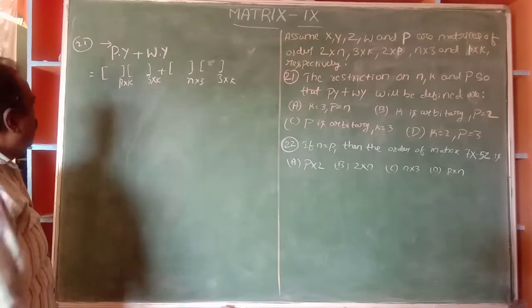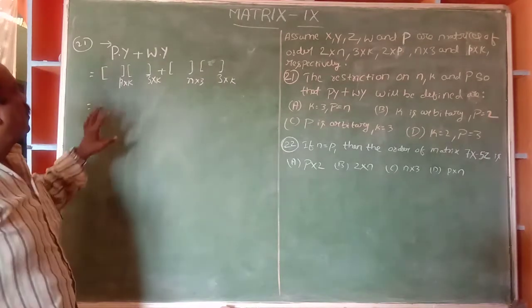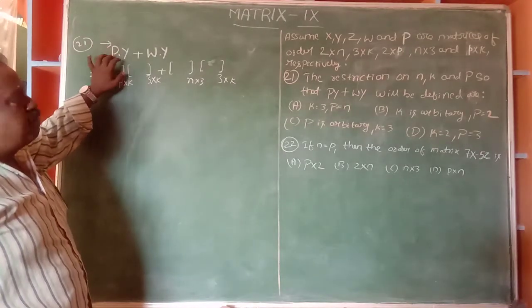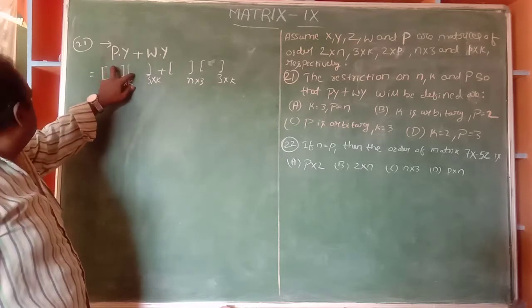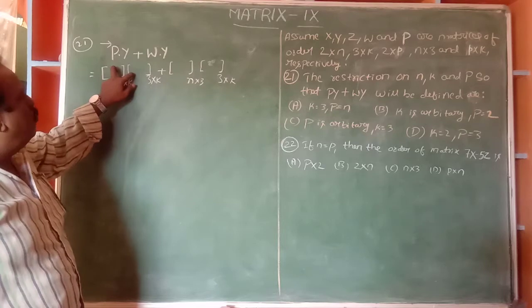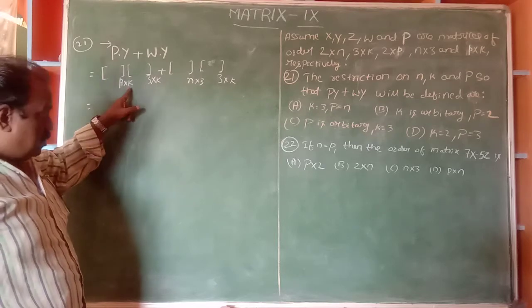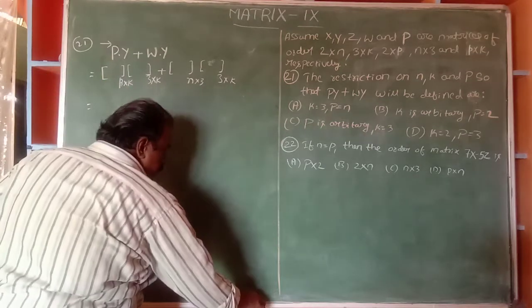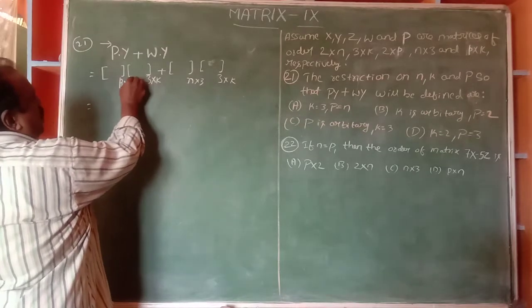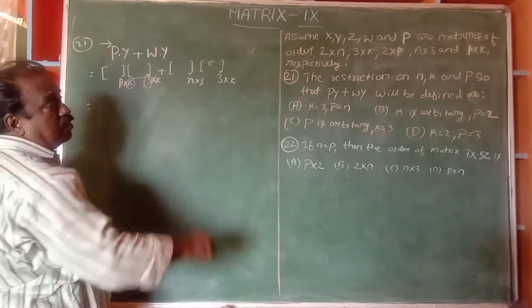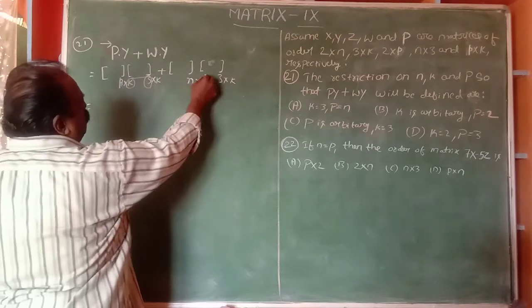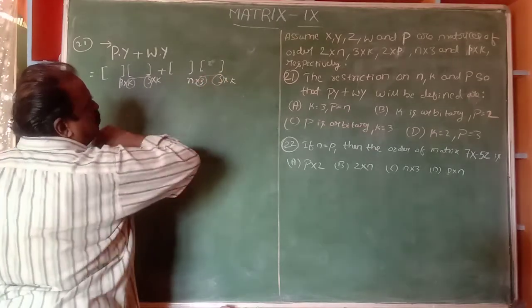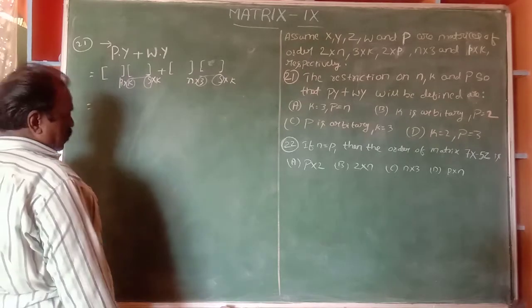Observe. This is the product of P and Y. Whenever you want to multiply two matrices, the number of columns of the first must be equal to the number of rows of the second matrix.